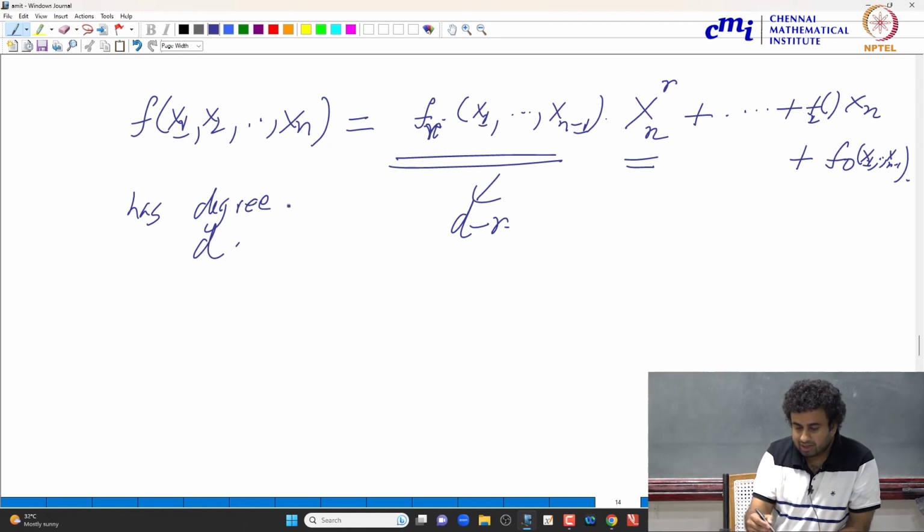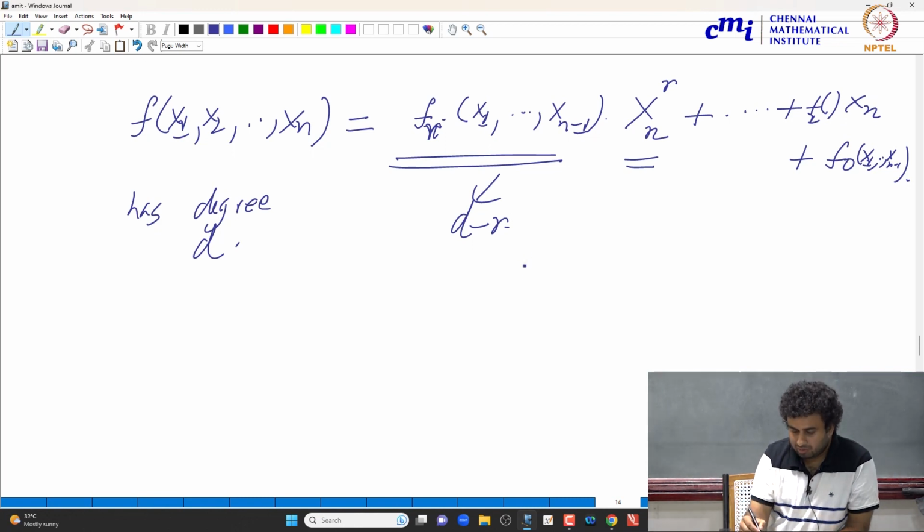So now the way it can be 0 at a random point alpha 1 to alpha n: you can think of substituting alpha 1 to alpha n minus 1 first. Then this coefficient may vanish or it may remain non-zero.